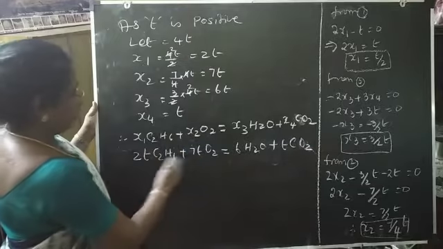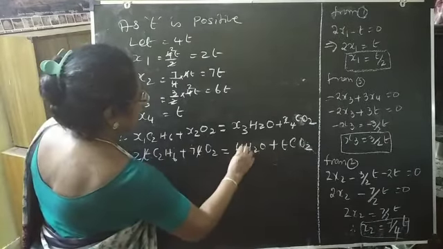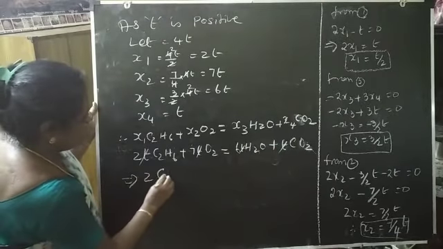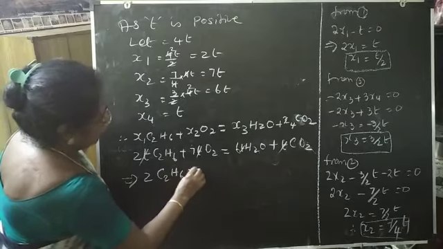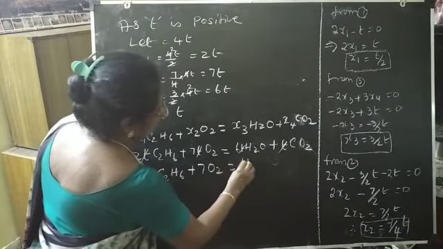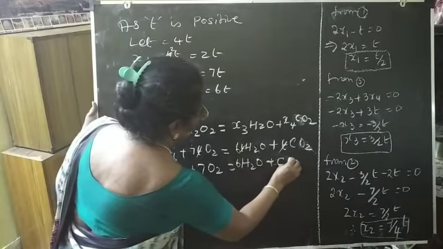Now cancelling t throughout, we get 2C2H6 plus 7O2 is equal to 6H2O plus CO2.